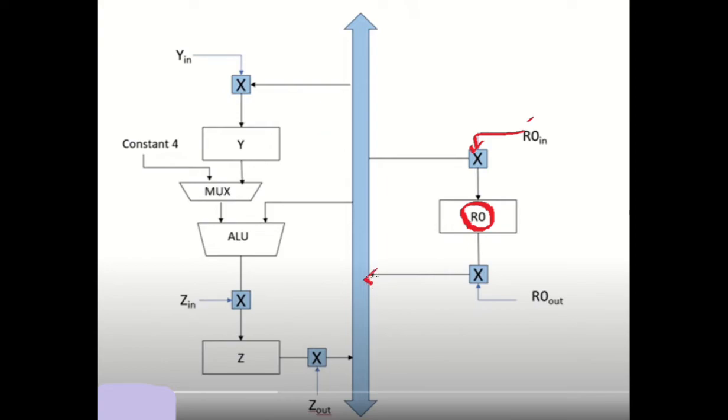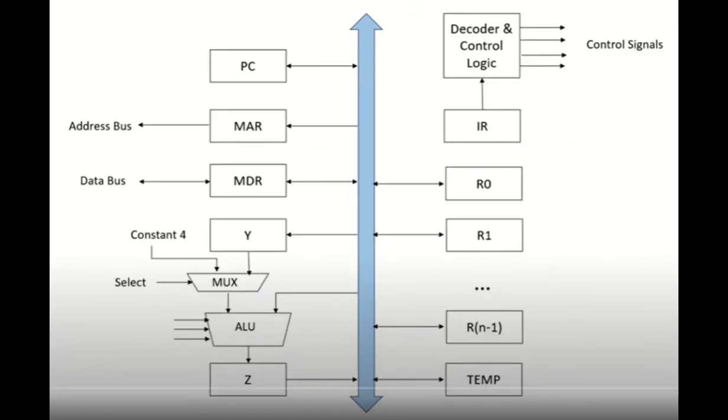Similarly, if R0 wants to put data out onto the bus, R0 out has to be enabled. The temporary register can also take data. These units are connected to the bus and have appropriate control signals which control whether they take data from or put data onto the bus.